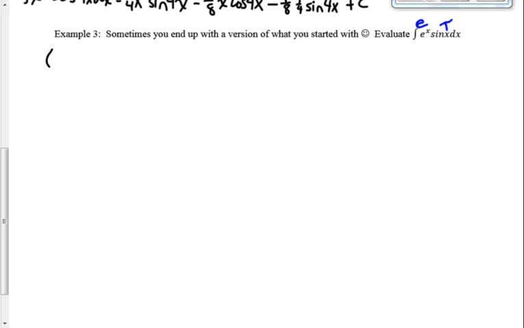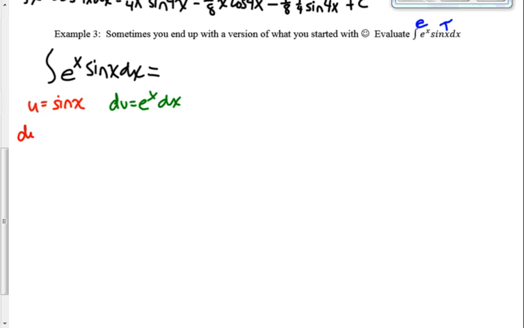So I'm going to have the integration of e to the x sine of x dx equals: my u is sine of x, my dv is e to the x dx, my du is going to be cosine of x, and my v is going to be e to the x.